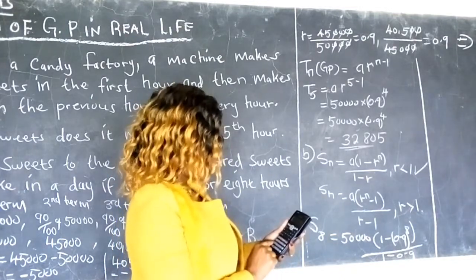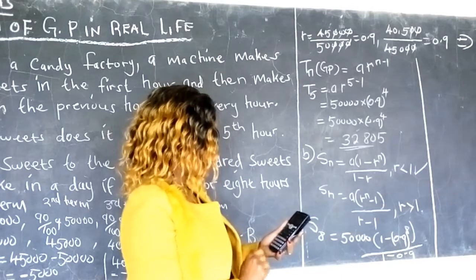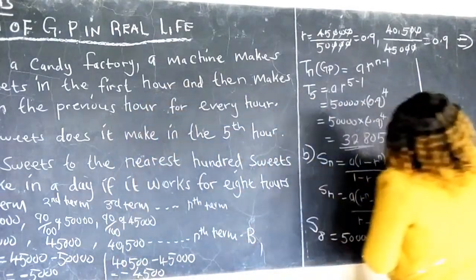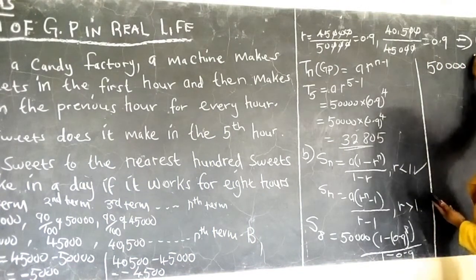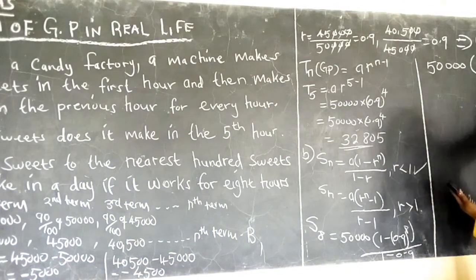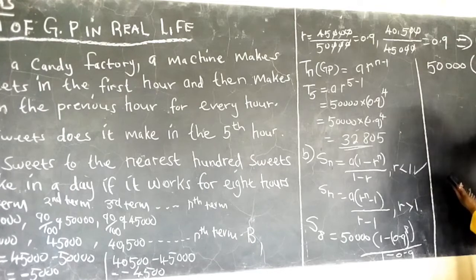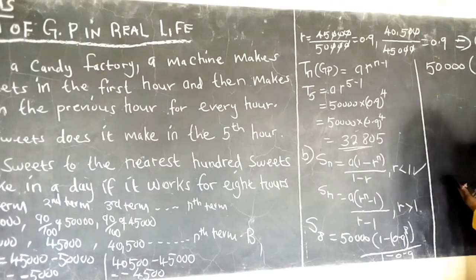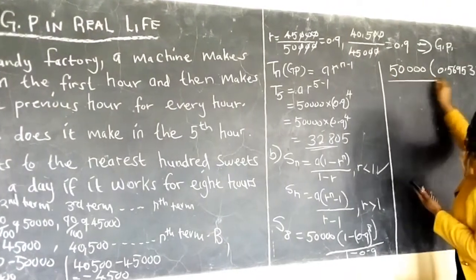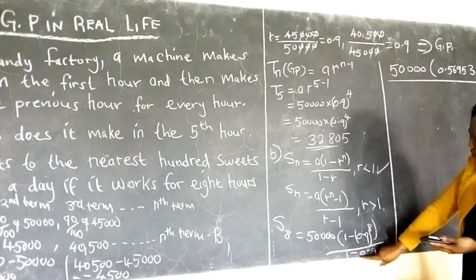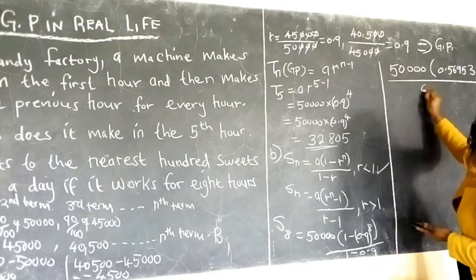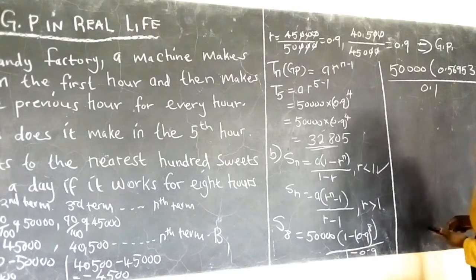Then we say 1 minus the answer, we shall have 50,000 times 0.56953279 and so on. When we subtract 0.9 from 1, we get 0.1.